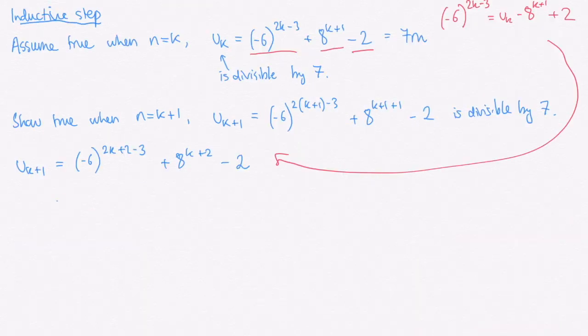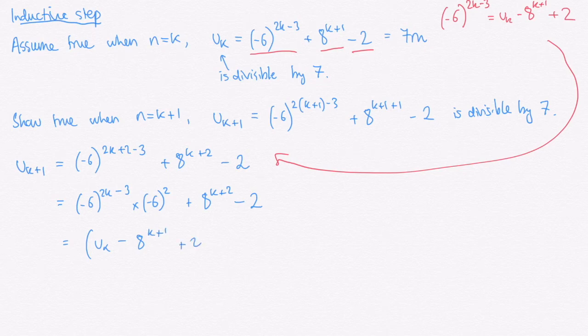And we can make this substitution into here. Well, how can we do this? Take the first term here, and noticing that this is equal to negative 6 to the 2k minus 3 times negative 6 squared, plus 8 to the k plus 2, subtract 2, we can now substitute in for our negative 6 to the 2k minus 3, so we get u_k minus 8 to the power of k plus 1 plus 2, all times negative 6 squared, which is 36, plus 8 to the k plus 2, subtract 2.